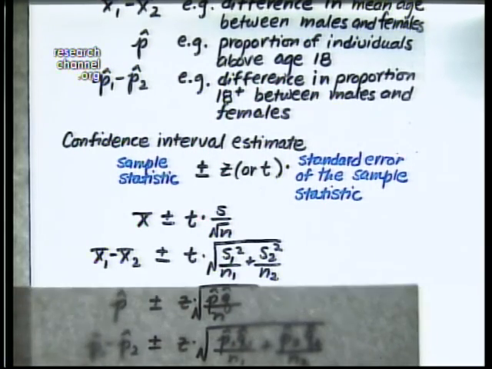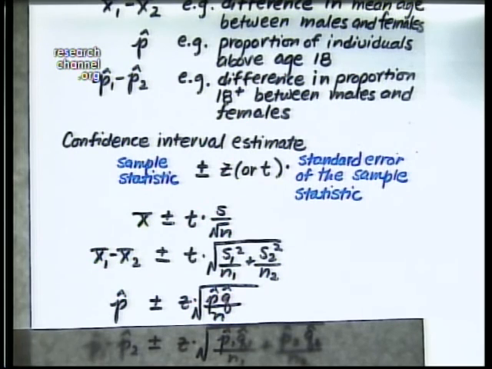Although we didn't focus on proportions in quite as much detail, if we were interested in the proportion of individuals above age 18, we would take that sample proportion based on our data, and form an interval around it by adding and subtracting z times the standard error that's based on p hat, the sample proportion, q hat, which is just 1 minus p hat, and the sample size n.